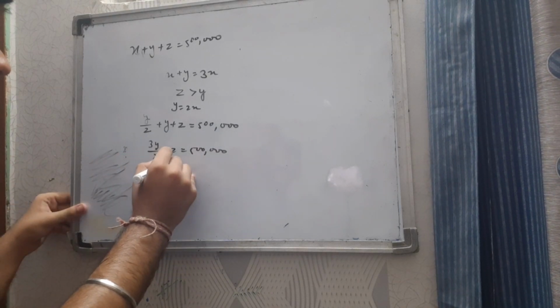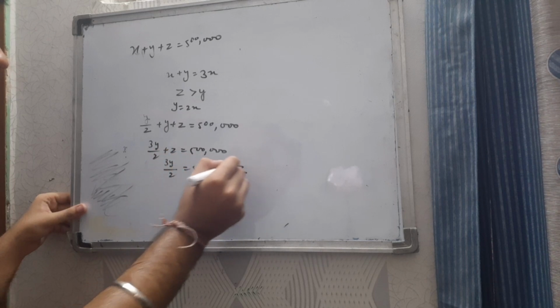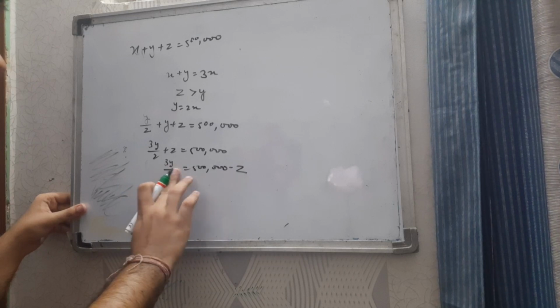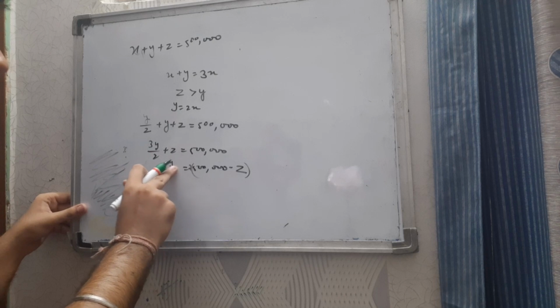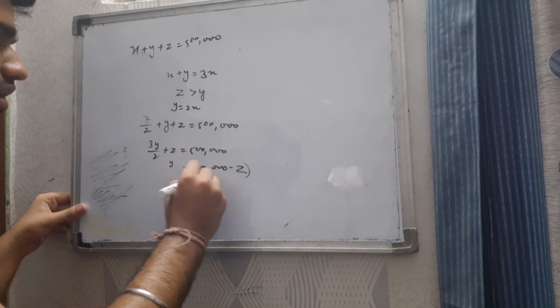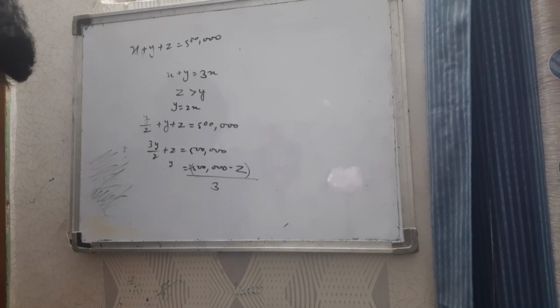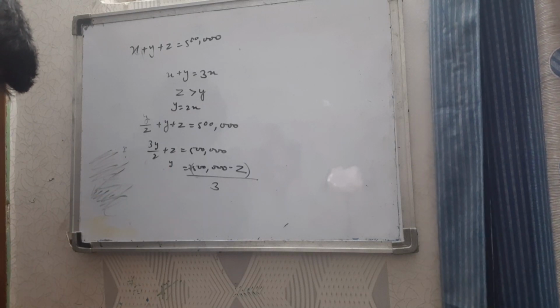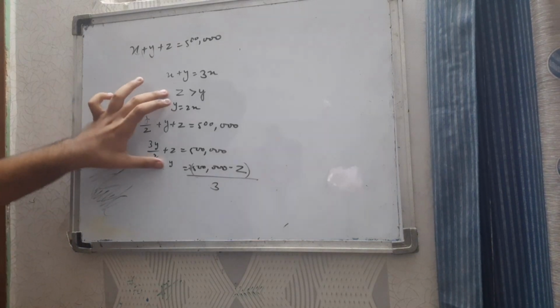If we subtract z from both sides, multiply by 2 on both sides and divide by 3, we get this y. Okay, and we are given that z is greater than y.